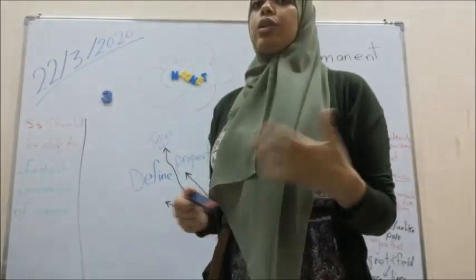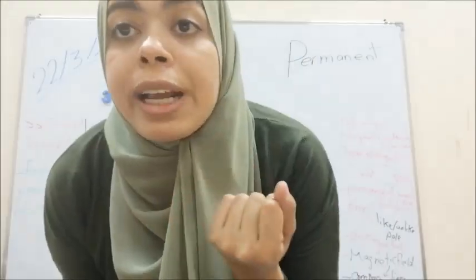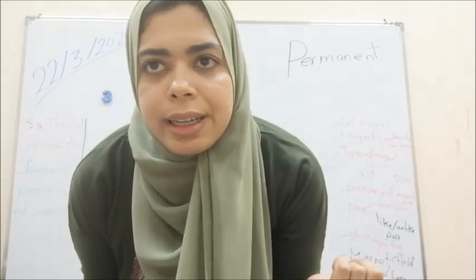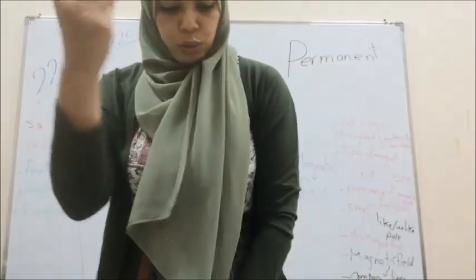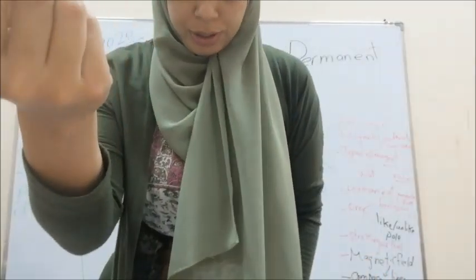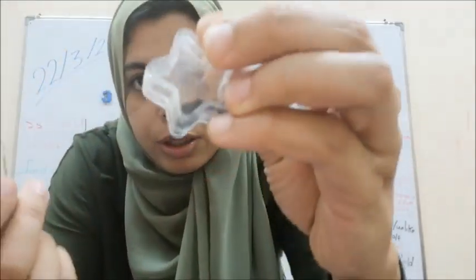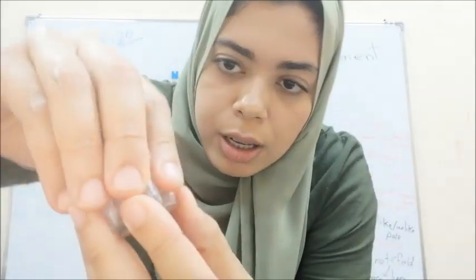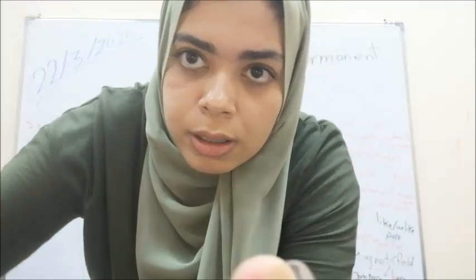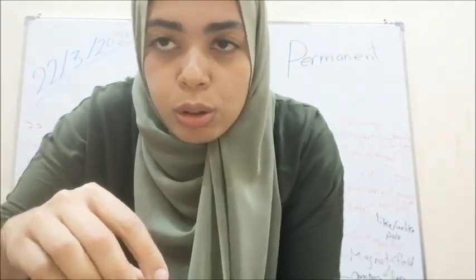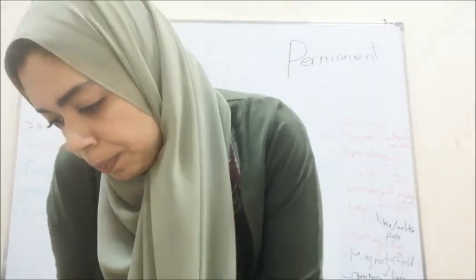Second point, we are going to talk about magnetic materials. What are magnetic materials? That powder inside my small box, see? That powder is called magnetic material. It's also called iron filings.